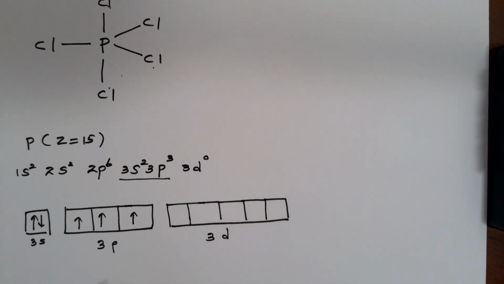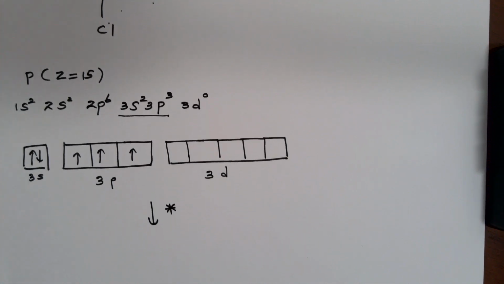3s and 3p are occupied, but 3d is empty, though still available in n equals 3. Now how can we promote an electron? One of the s electrons we can promote to an empty d level. That way we can get 5 singly occupied orbitals. So let's do the promotion step.